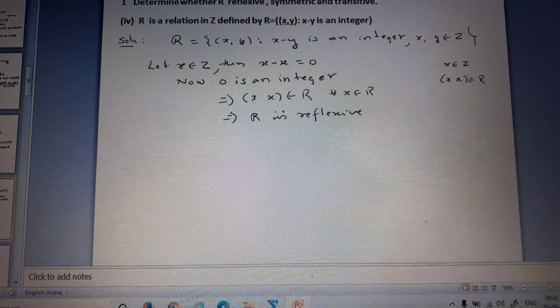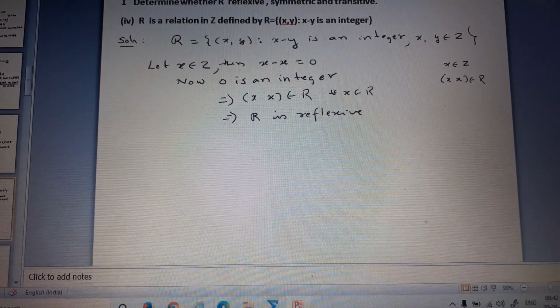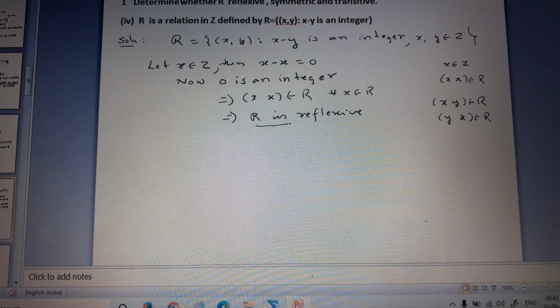R is reflexive. Now let us take whether it is symmetric. So how to show symmetric? This is the definition. (x, y) belongs to R. What I should show is (y, x) also belongs to R. I have to prove this. So this is the first one.